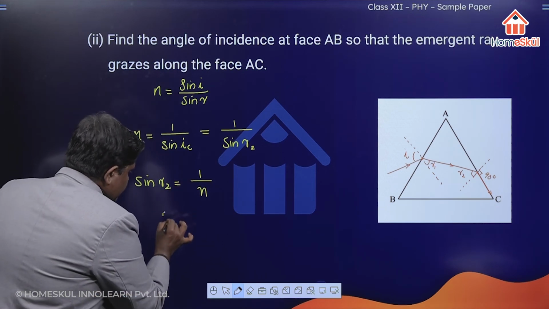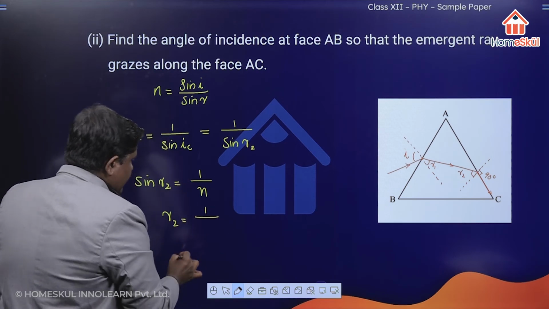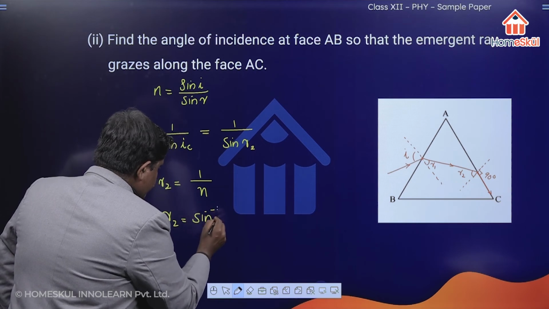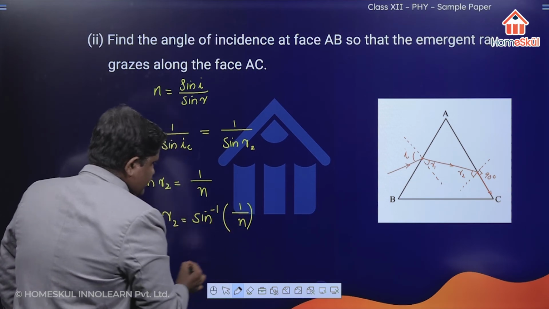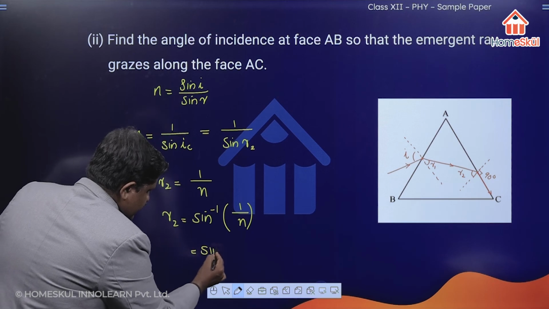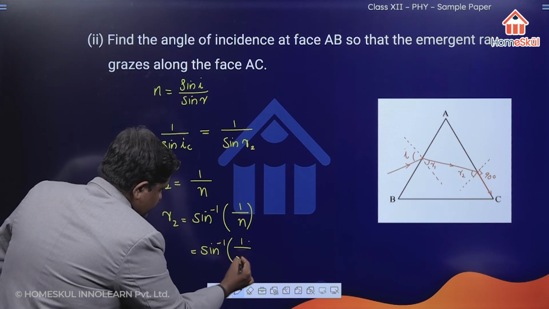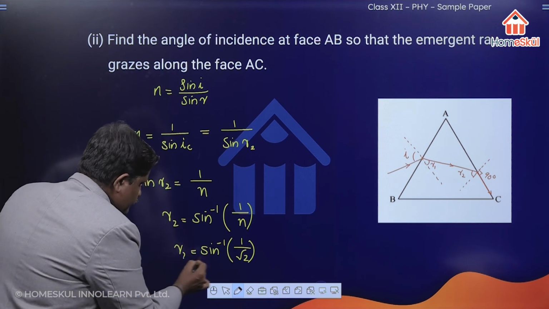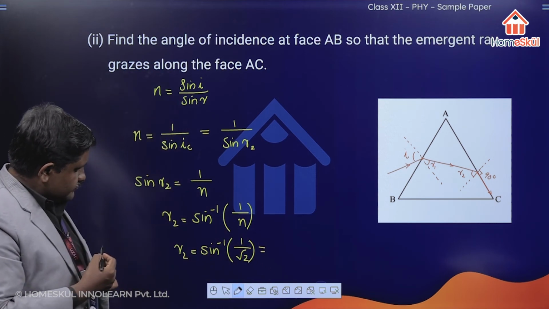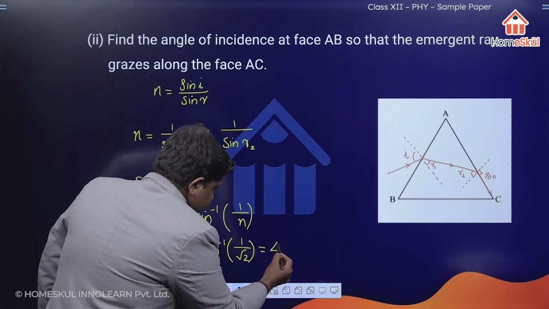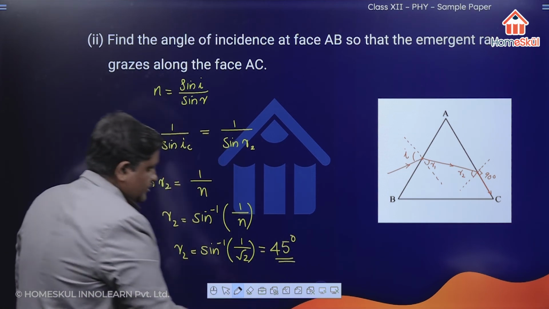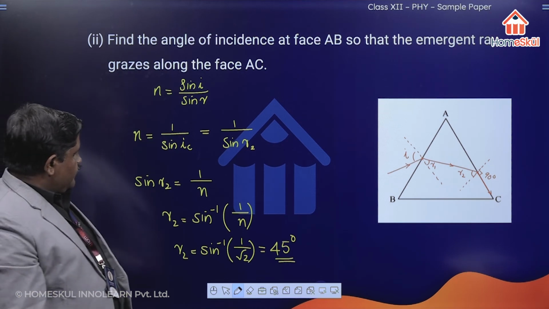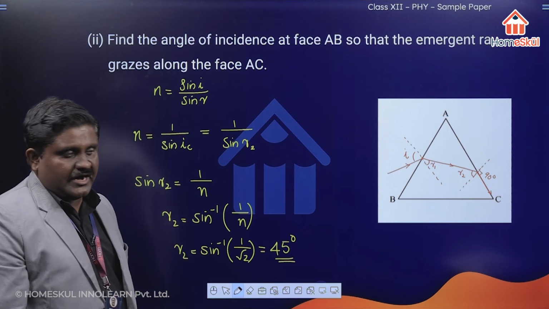Therefore R2 is equal to sine inverse of 1 by n, that is equal to sine inverse of 1 by root 2. Therefore R2 is equal to 45 degree, right? Clear? Therefore we get the value of R2.